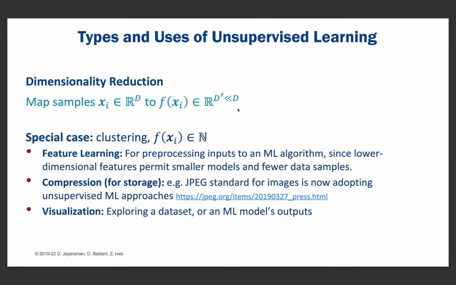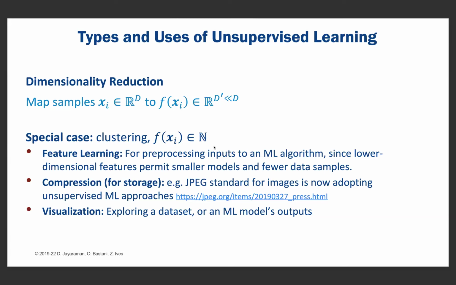If you can do that without losing too much relevant information, the data in the lower dimensional space is much easier to analyze. The special case is clustering, when these functions map to numbers.